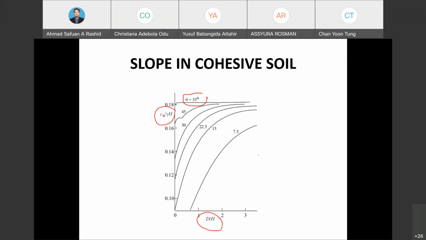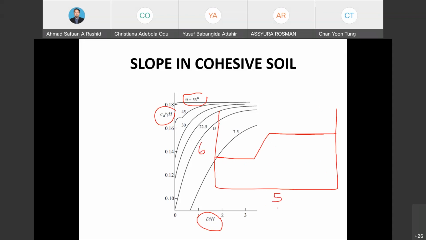For instance, if you carry out a physical test in your lab, definitely you have a certain range of limitation. For example, this is 5 meter and this 6 meter.